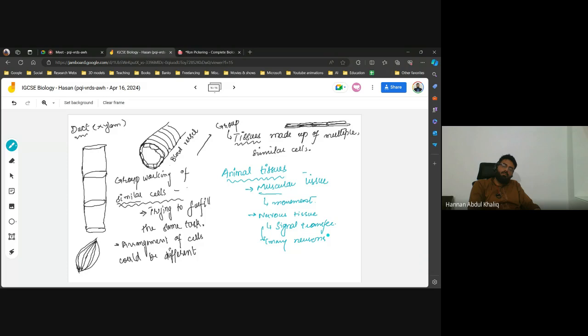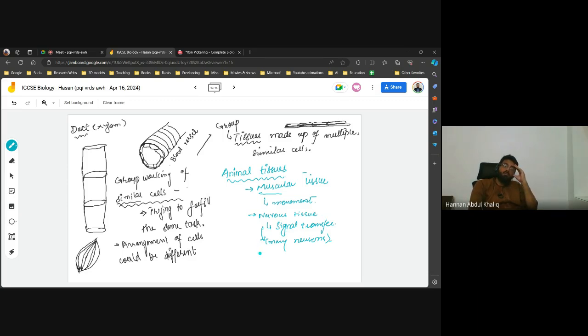Bundles of neurons are joined to perform signal transfer. Getting it? Every time the word tissue comes, always keep in your mind that it means multiple cells. So nervous tissue means multiple cells, or multiple neurons.